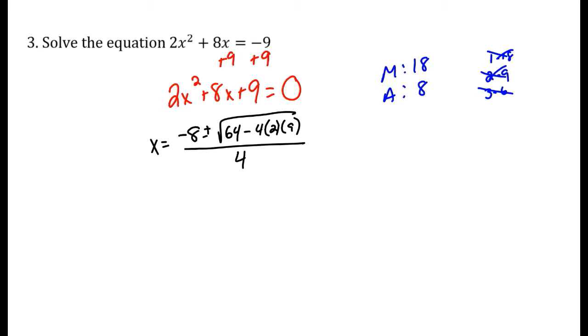So we've got to clean up what's inside that square root there. 64, just type in your calculator, 64 minus 4 times 2 times 9 gives me negative 8. Yes. So negative 8 plus or minus the square root of negative 8 over 4.